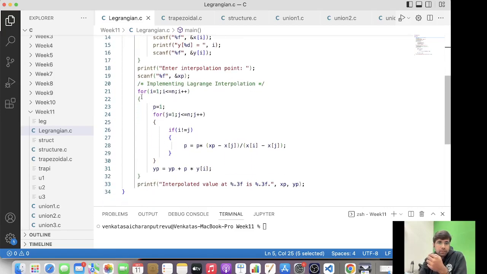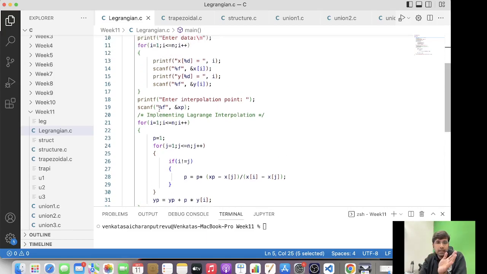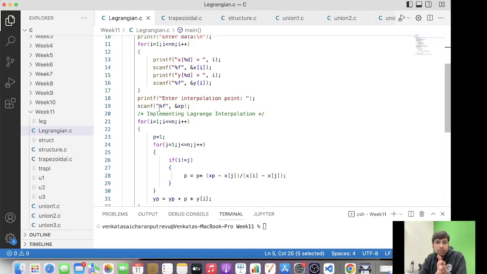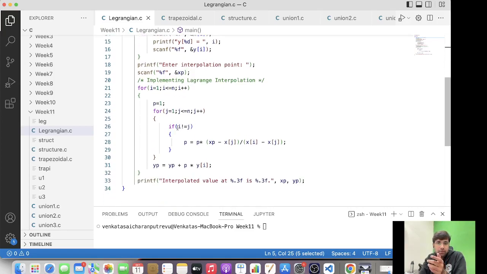In the for loop we will repeat, we will ask for the interpolation point from the user, and after that we will calculate the Lagrangian interpolation. Every time we will ignore the respective x naught. So if you are calculating Lagrangian interpolation for x naught, you will exclude x naught and do the calculation with the remaining two terms.